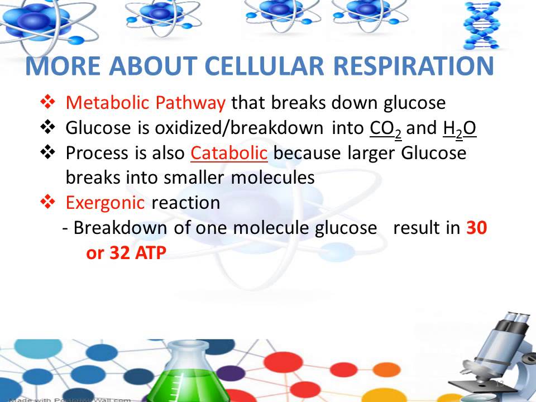This is a catabolic process because a complex molecule, glucose, is being broken down into smaller molecules. And catabolism is an exergonic reaction. This breakdown of glucose will produce 30 or 32 ATP.